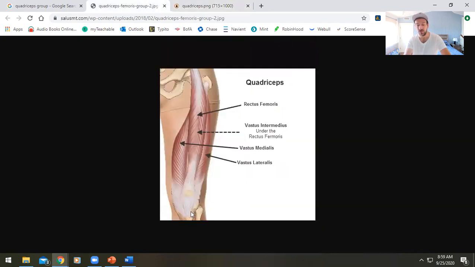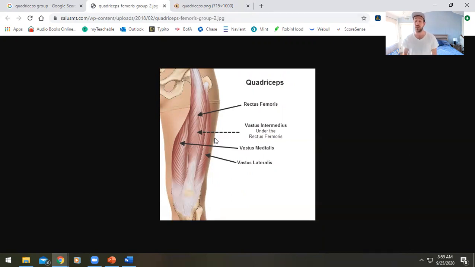So what's funny about that is these three quadriceps muscles, the three vasti ones, they're only in charge of knee extension. That's all they do because of where they attach. They run from the femur onto the lower portion of the leg. But your rectus femoris runs from your hip and inserts onto the same spot.